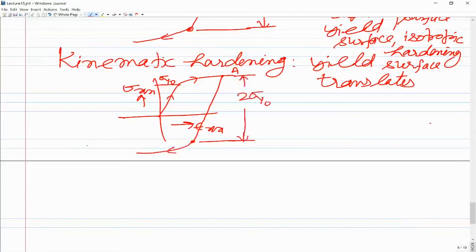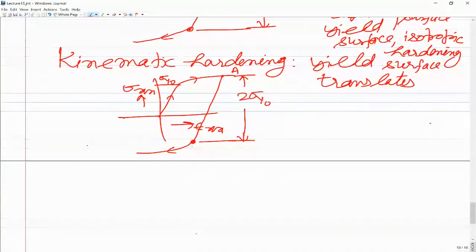Because the stress at point A is higher than sigma y naught, the yielding will take place at a magnitude of stress which is smaller than sigma y naught in compression. So this is known as kinematic hardening. In the isotropic hardening, this would get extended and go something like this.